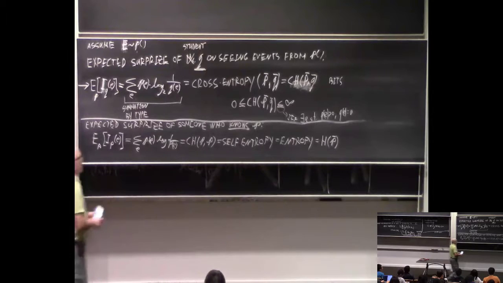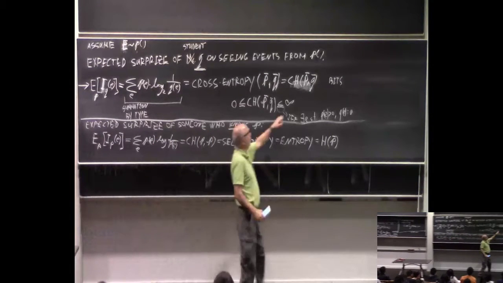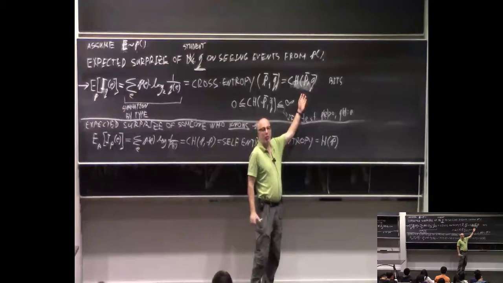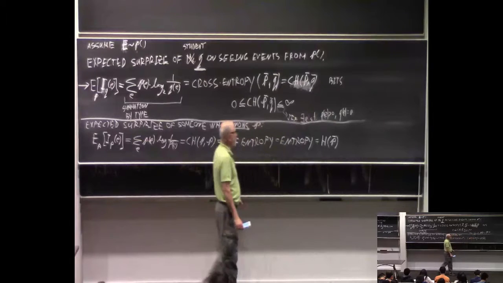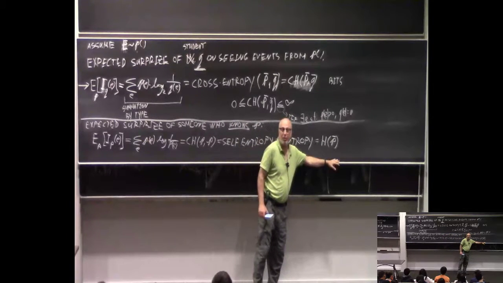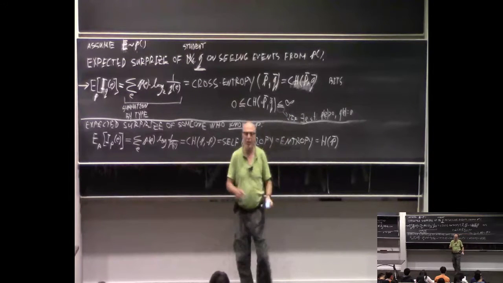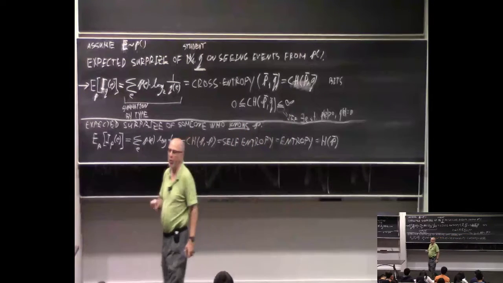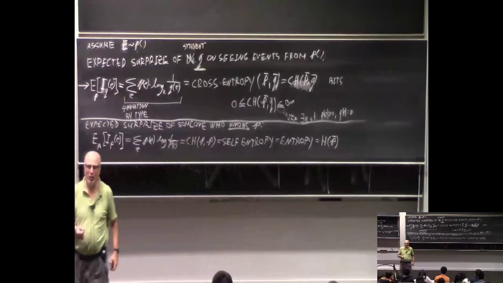This means the average surprise. Events always come from some distribution P. This is the expected surprise of someone who believes something Q, and this is the expected surprise of someone who knows the truth to be P. It doesn't matter whether they believe they're right or not. The only thing that matters is, are they right or not?